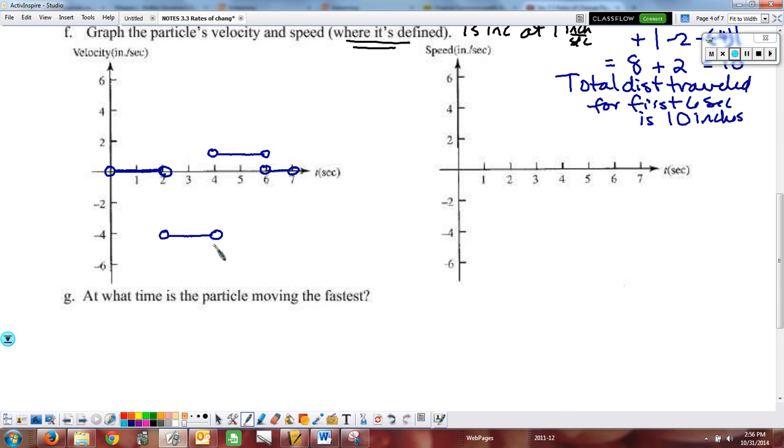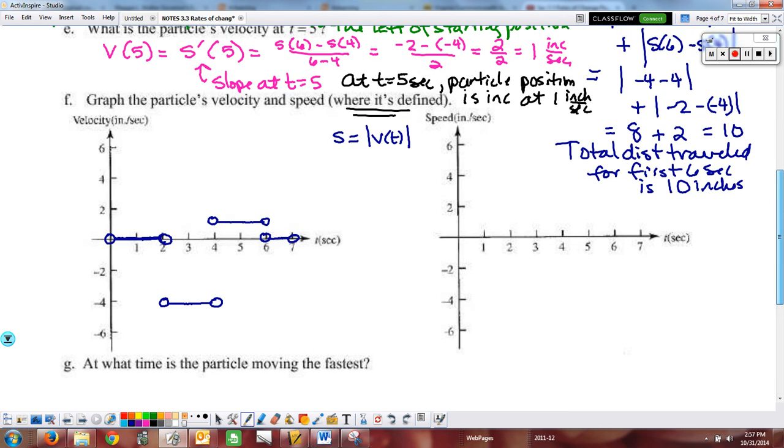Now we're going to look at the speed. And remember that speed is the absolute value of the velocity function. So basically all it does is make the velocities all positive because speed is positive. It's only the magnitude. Well, it's not going to change anything here.